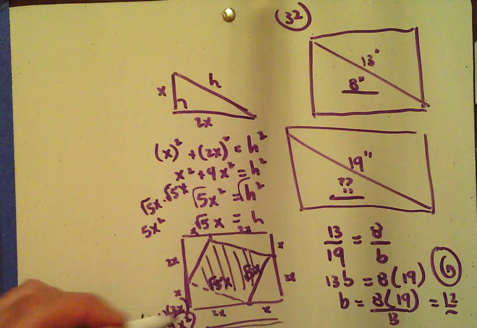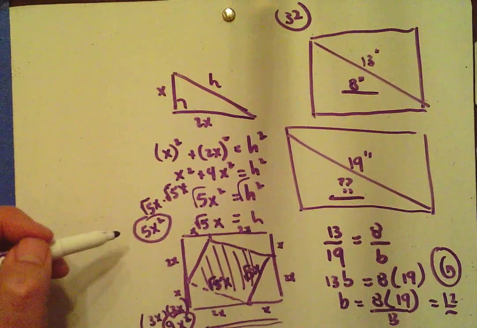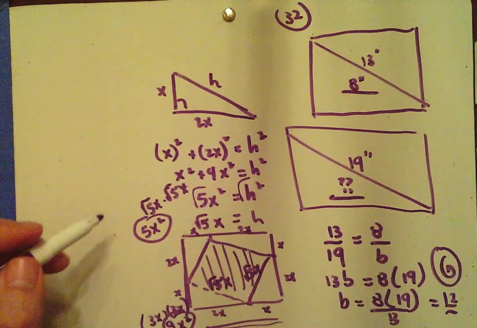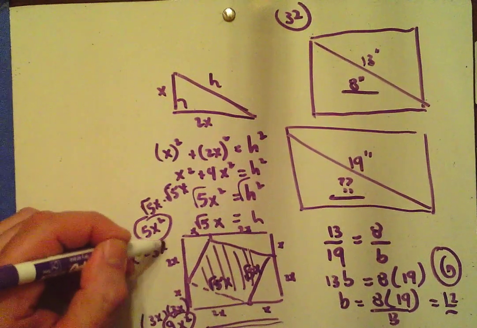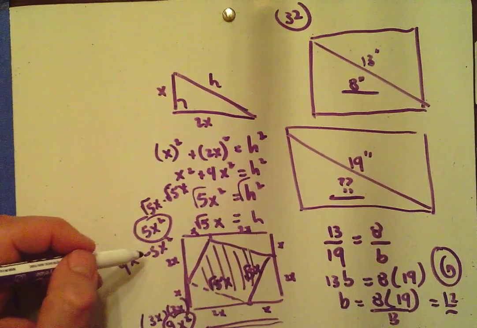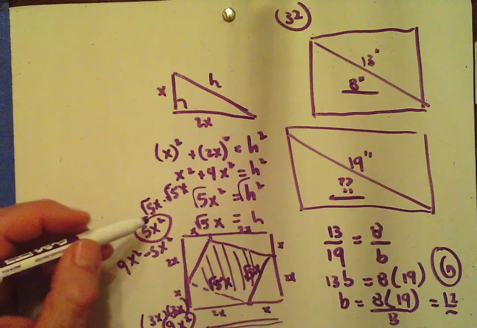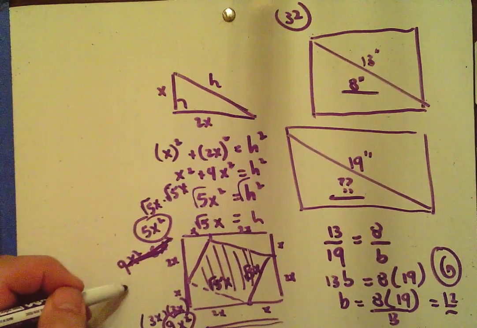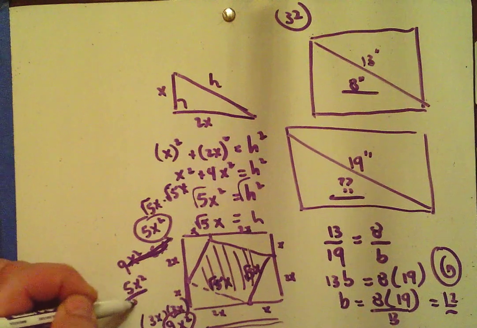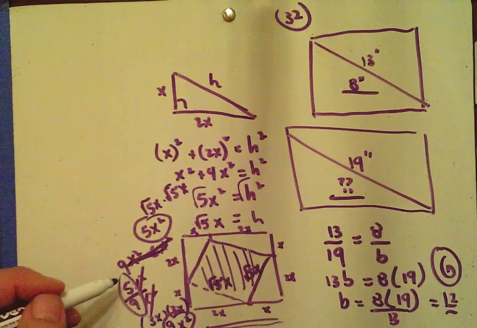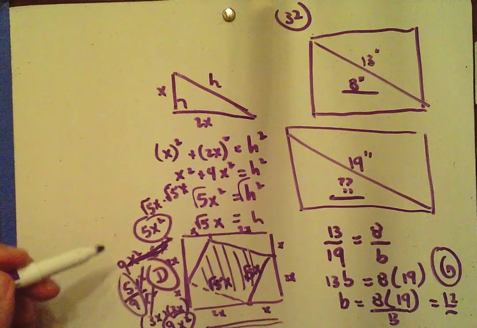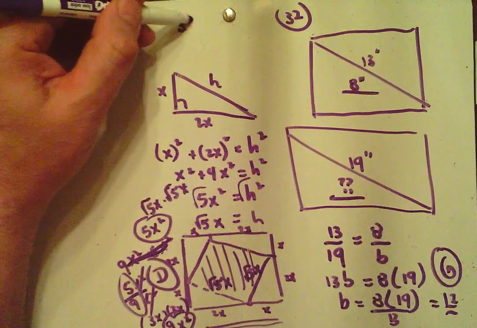The big outside square minus the little inside square, 9x squared minus 5x squared gives me 4x squared. Oh wait, they wanted the ratio of these areas. 5x squared to 9x squared. Cancel, cancel. 5 to 9. D is the answer for 33.